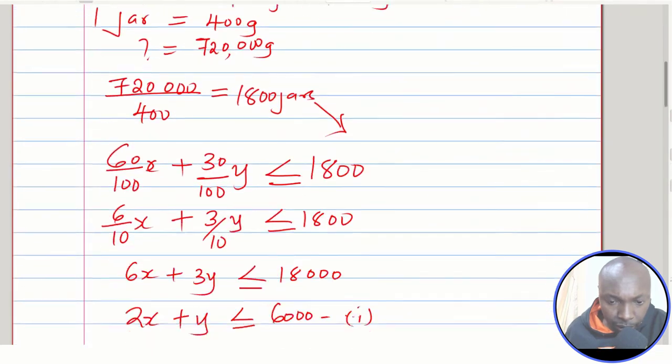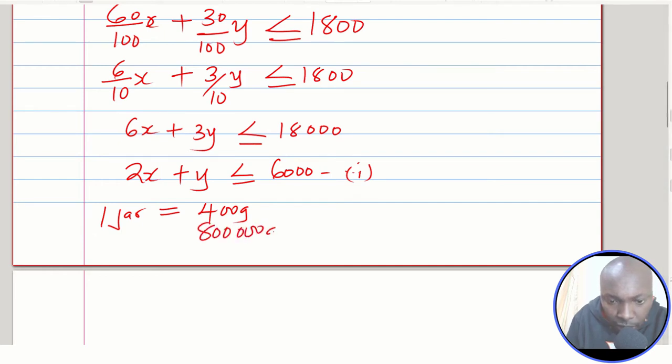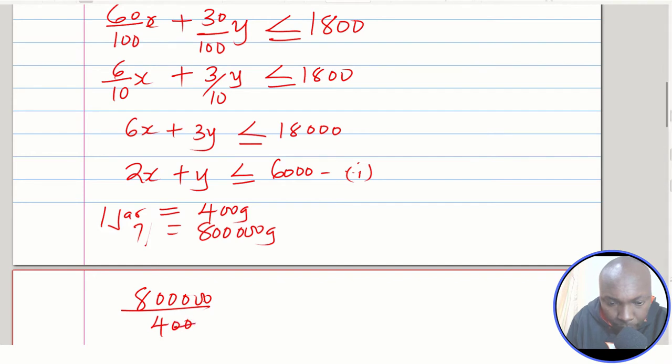So you go back to where we said that one jar should have 400 grams. 800 kg is the same as 800,000 grams. When you divide 800,000 grams by 400, this gives 2,000 jars.